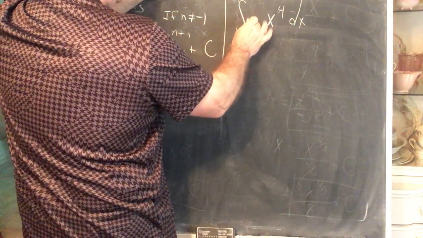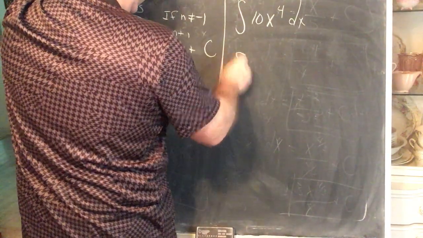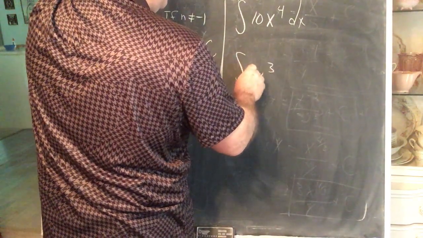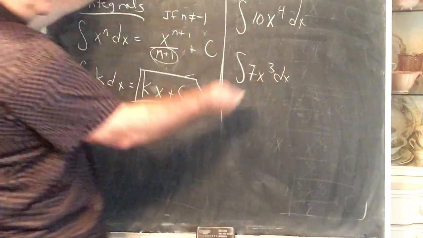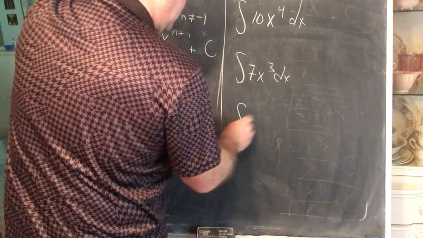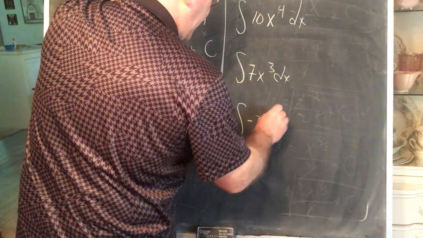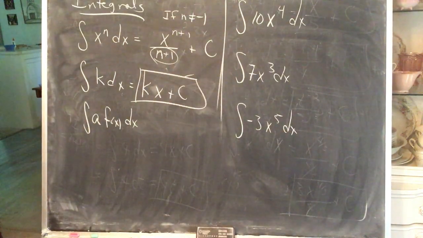Suppose the constant is known to be 10. Suppose the constant, in this case, is 7. And so on. There's nothing magic about 10 or 7. Let's suppose the constant is -3 x to the 5th. I'm just picking numbers out of the blue sky.